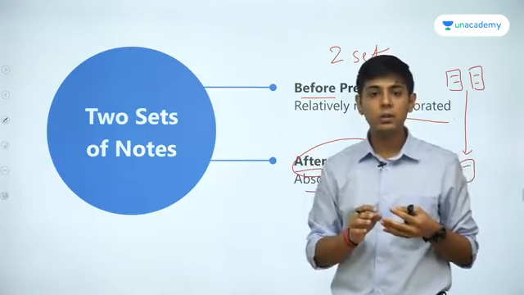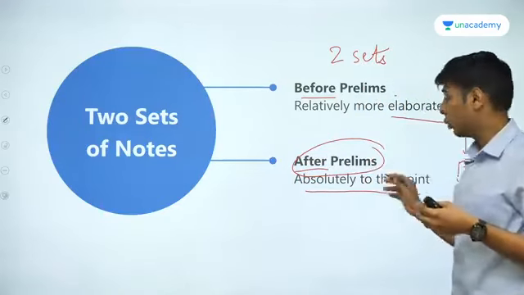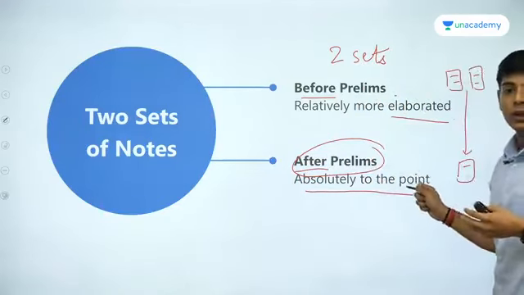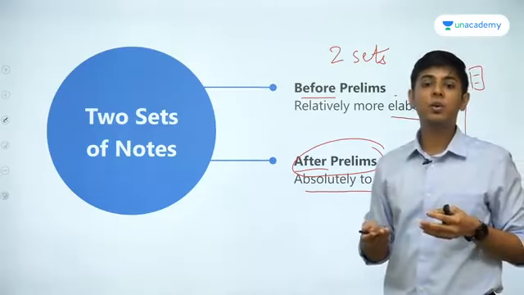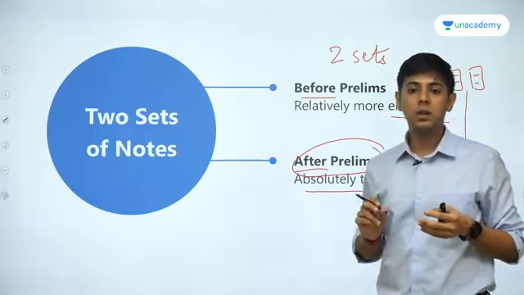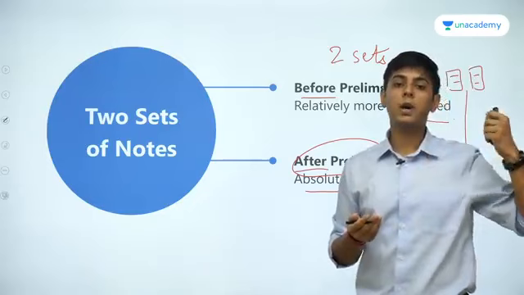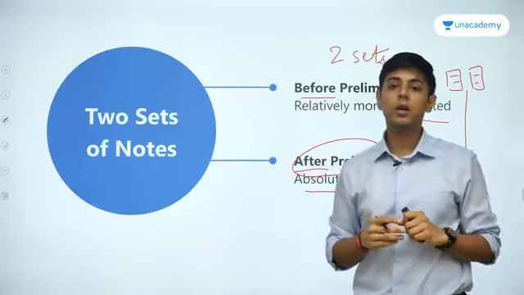In that time, if I make only absolute to the point notes, I would not be able to understand my own notes. If I had written just 1 or 2 keywords, I would not be able to understand the context, because a lot of time has passed since I read that topic.